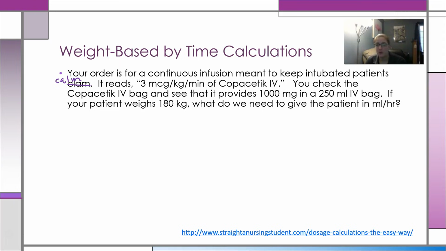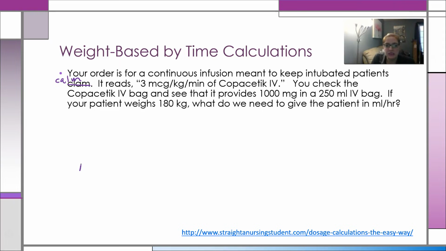Now, of course, we check to see what our supply is, and our supply says it's provided in 1,000 milligrams in a 250 milliliter IV bag. If your patient weighs 180 kilograms, what do you need to give the patient in milliliters per hour, since this is an IV? Well, let's see.